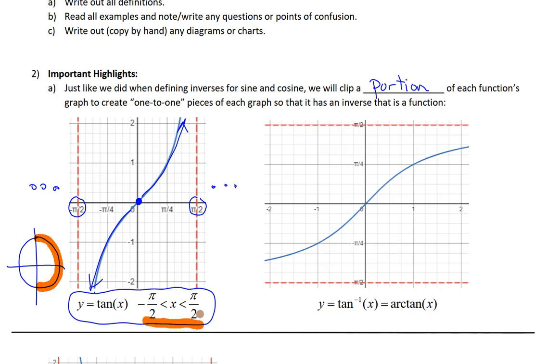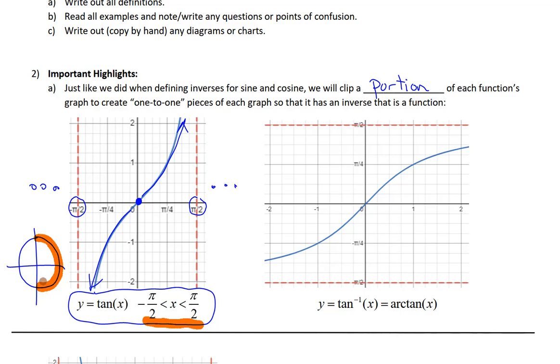Negative pi over 2 is at the bottom of the unit circle, positive pi over 2 is at the top. So when we say we're using only this portion of tangent, we're really talking about the right half of the unit circle. Visually, that can help to remember what this clipped boundary is.